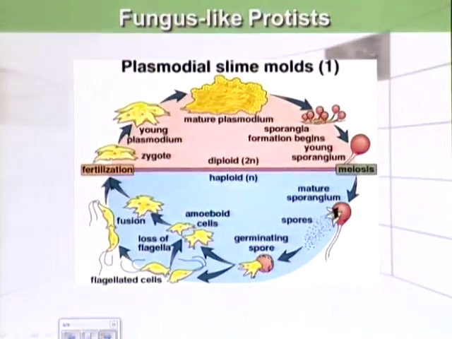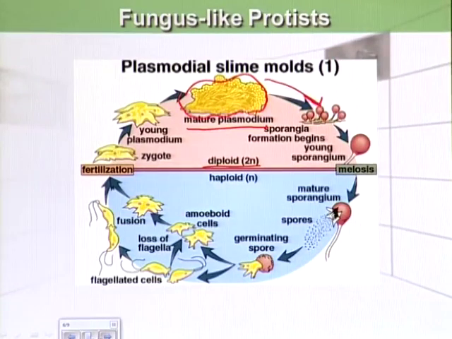You can see here that we have a mature plasmodium, which is a multinucleate structure, and it is diploid. When unfavorable conditions come, it forms sporangia.